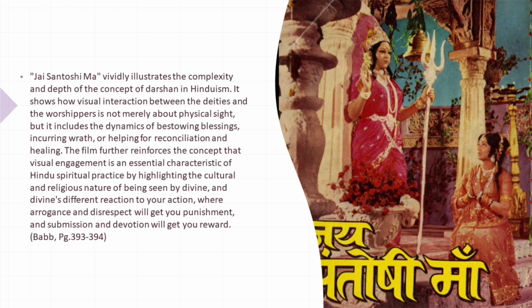The film further reinforces the concept that visual engagement is an essential characteristic of Hindu spiritual practice by highlighting the cultural and religious nature of being seen by the divine, and the divine's different reaction to your actions, where arrogance and disrespect will get your punishment, and submission and devotion will get your reward.